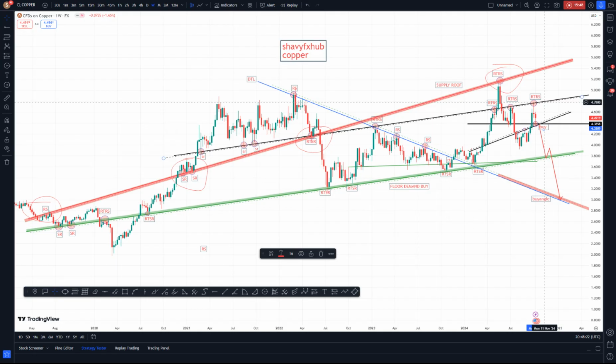So most likely the price of copper might jump to 4.7 to retest this roof again. Our aim is to see if demand could push price up to $5.4 for copper. So this is the technical analysis for copper, and we hope this analysis stands.